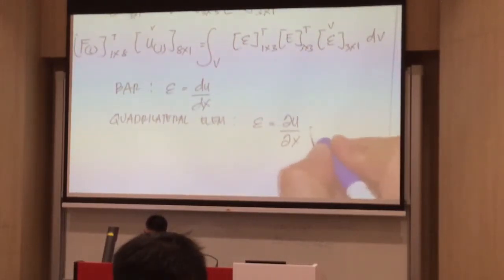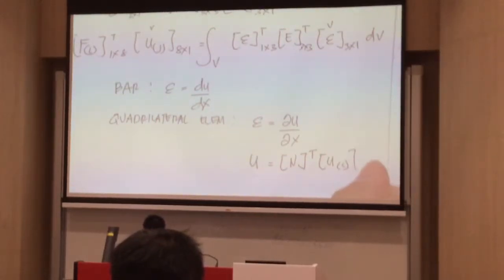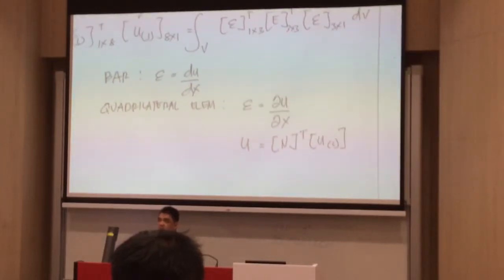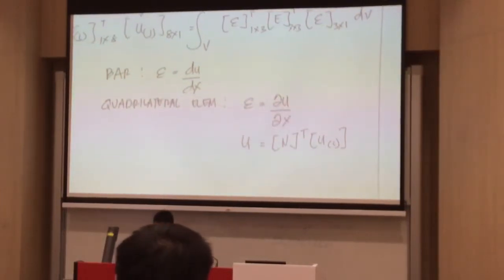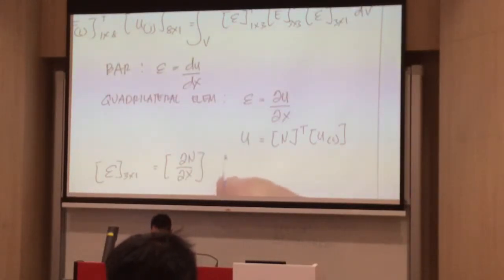So we know that your u is N transpose multiplied by ui. If we substitute this here, we will have your strain, 3 by 1, equal to the partial of N with respect to x, which will be a 3 by 8, and your ui, which is an 8 by 1.